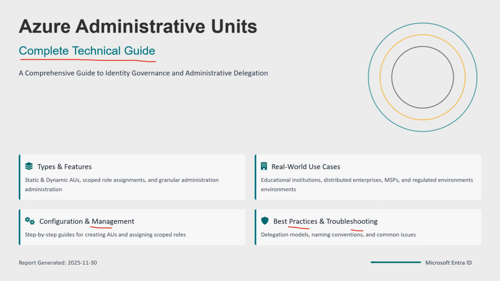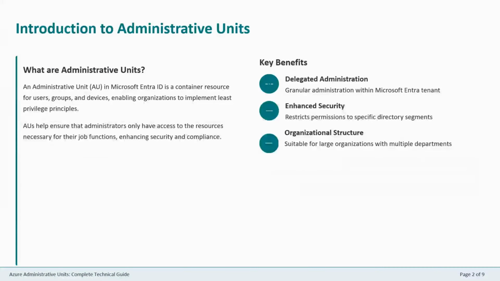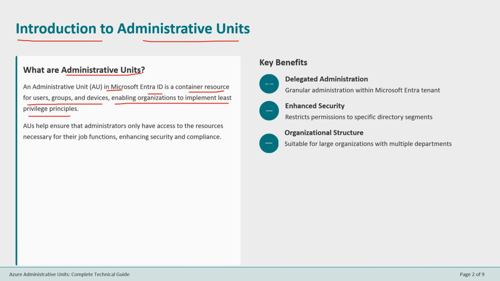So moving forward, this is just a basic introduction. What is an Administrative Unit and how does it work? Basically, an Administrative Unit in Microsoft Entra ID is a container resource for users, groups, and devices that enables organizations to implement least privilege principles.